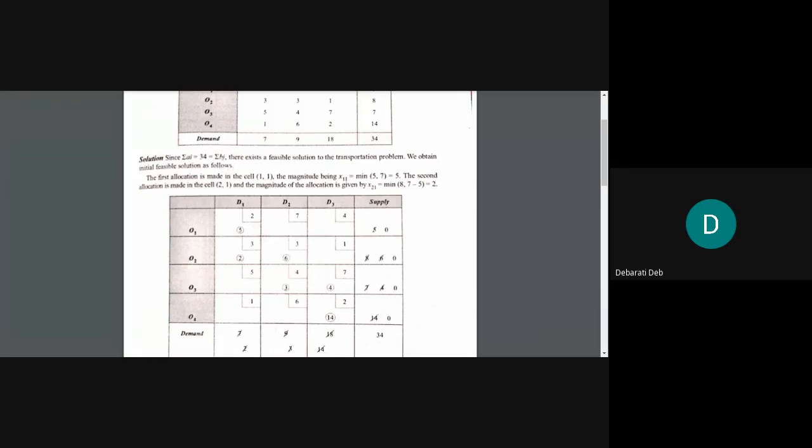What does it indicate? This indicates that the problem is not only a balanced problem, but also, after a comma, you write: there exists a feasible solution to the transportation problem.